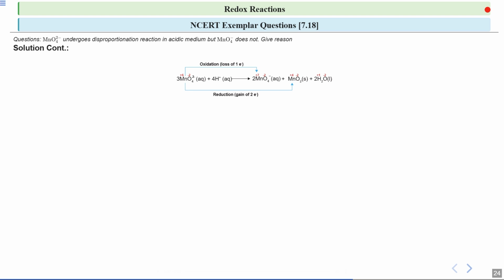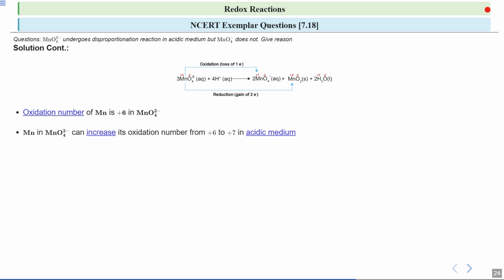Now, by looking just at the compound, you can assign the oxidation state. Manganese will have a +6 oxidation state in MnO4 2-. This oxidation state is an intermediate one, so it can go from +6 to +7, and this is seen in the acidic medium. It is going to MnO4- where the oxidation state of manganese is +7.